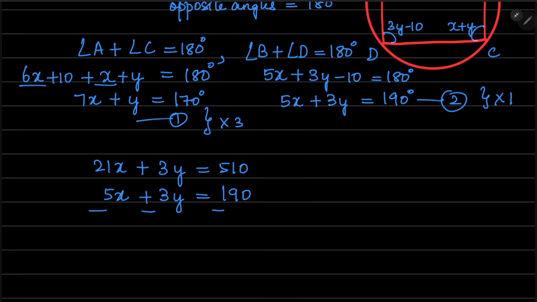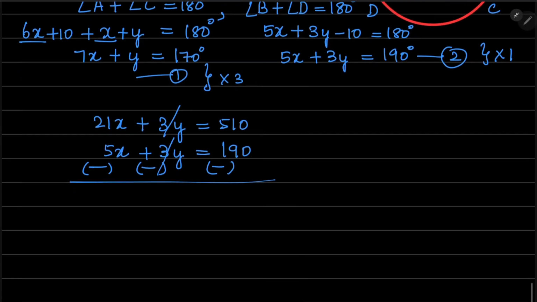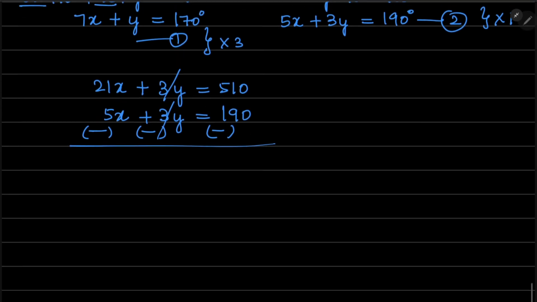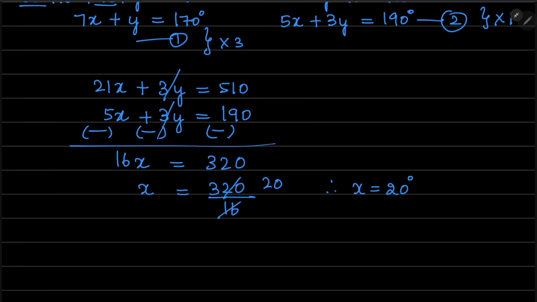Just change the sign. 3y minus 3y will get cancelled. What remains? 21x minus 5x. What is 21 minus 5? It is 16. So 16x is equal to 320, right? X is 320 divided by 16. Therefore, x is equal to 20 degrees.